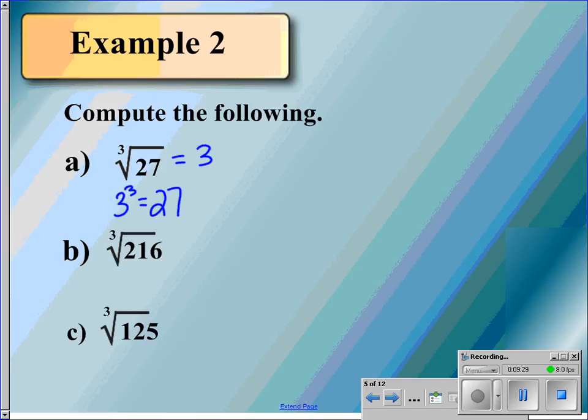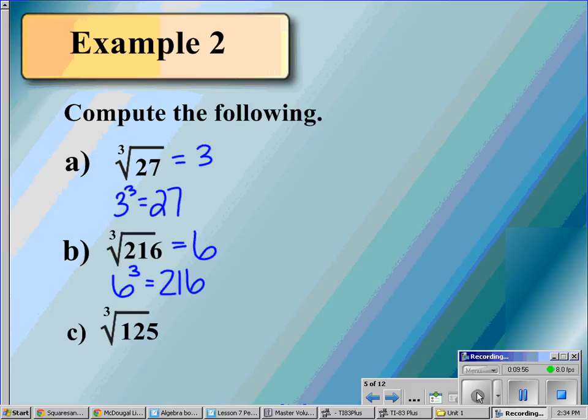What about 216? What's the cube root of 216? What number can I raise to the 3rd power to give me 216? Adam? 6. 6 cubed is 216. So the cube root of 216 is 6.